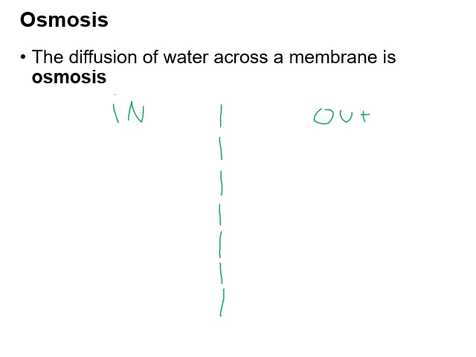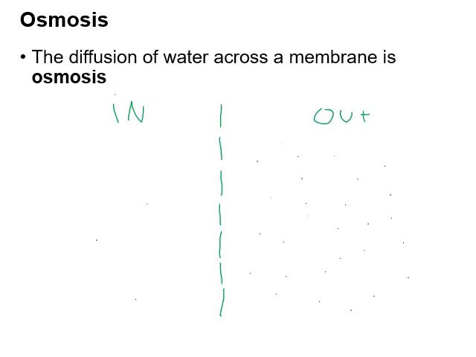Now I'm going to draw in some solute. Let's say there's a lot of solute, so that's these little black dots, on the outside of the cell, and very little of it on the inside of the cell. So first let's talk about what's going to go on here in terms of diffusion.